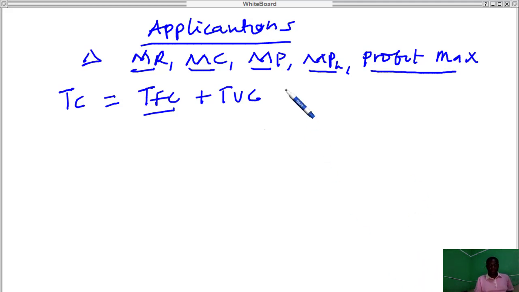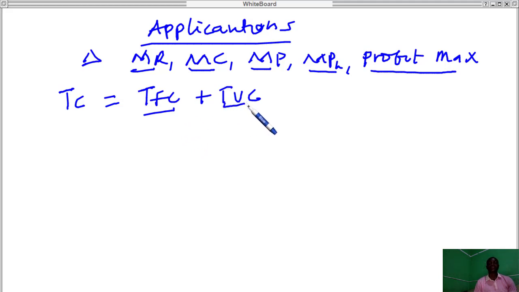The fixed inputs are those items that we buy which cannot be changed in the short run, like land, equipment, and the plant that we use for production.